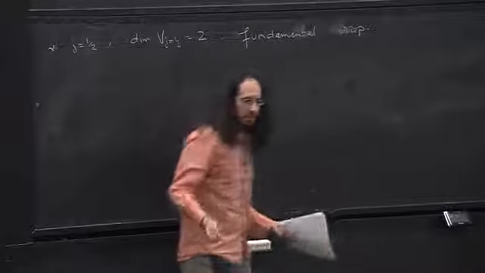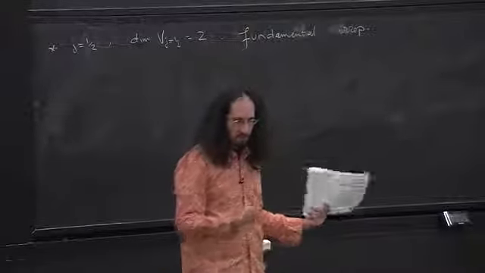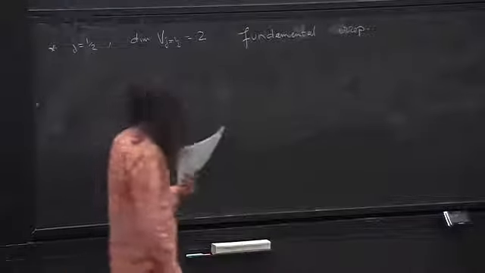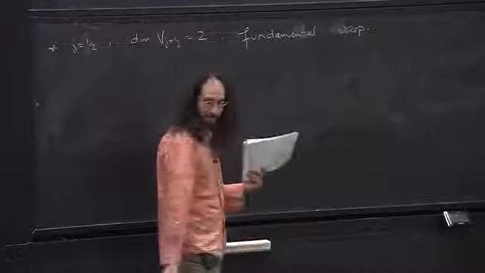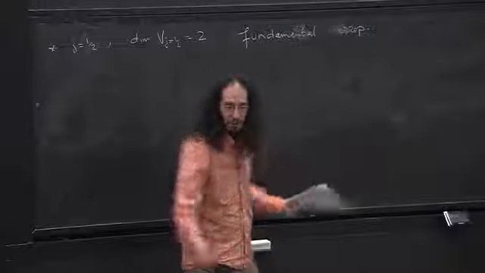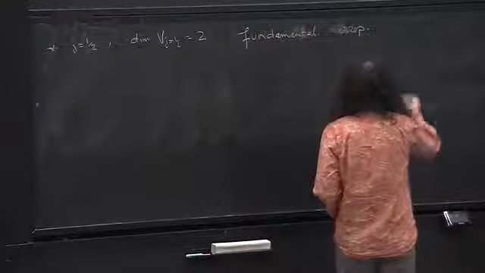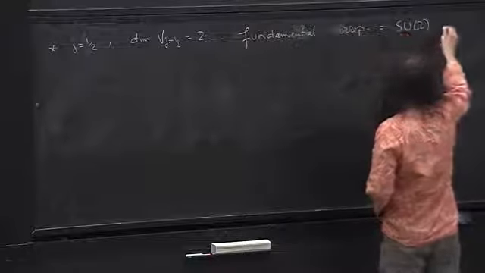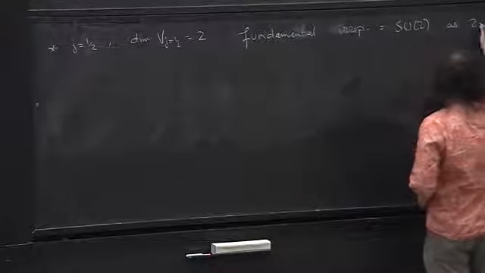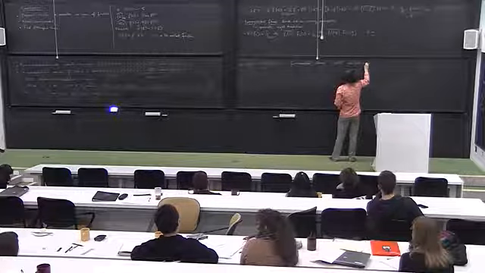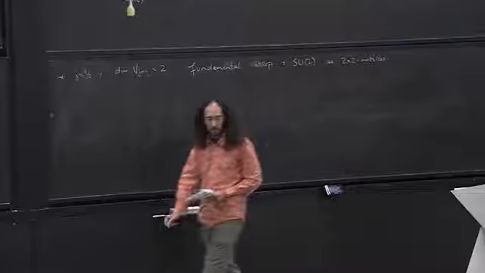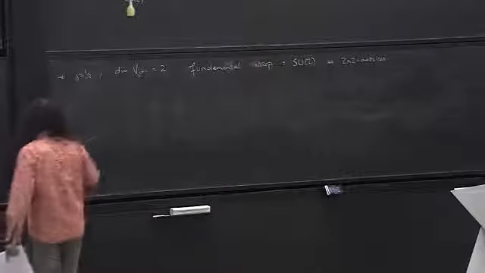I defined SU(2) as a group of 2x2 matrices satisfying some properties, and it acts on C^2 naturally because these are 2x2 matrices. Okay, so it's a simple one.